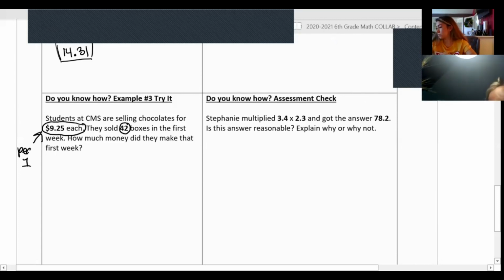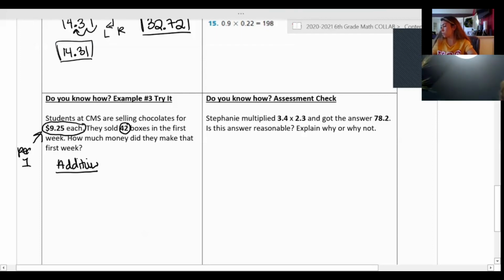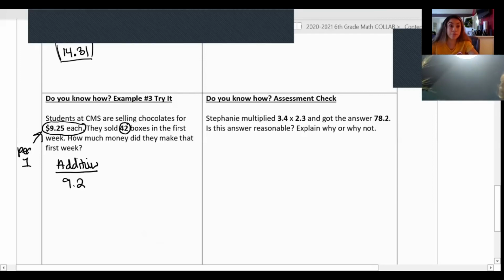So there are 2 ways to kind of solve this and navigate it, right? You can use addition. I know that is because if I have one box is $9.25, then I have 42 total boxes. If I wanted to see how much total money, I could add $9.25 42 times. But Ms. Conrado, who wants to do that? Not me. Do I keep writing and writing and writing 42 times?